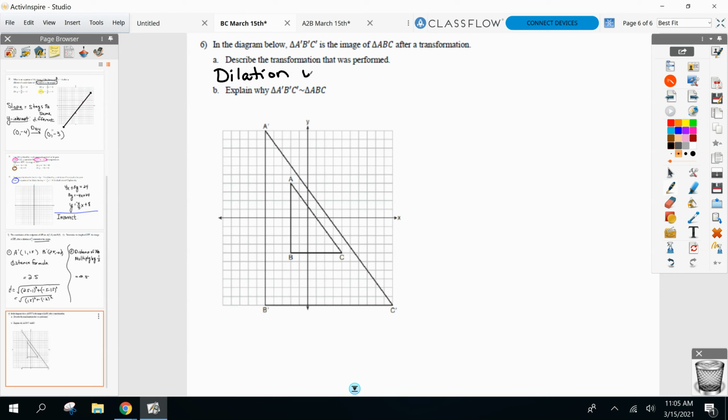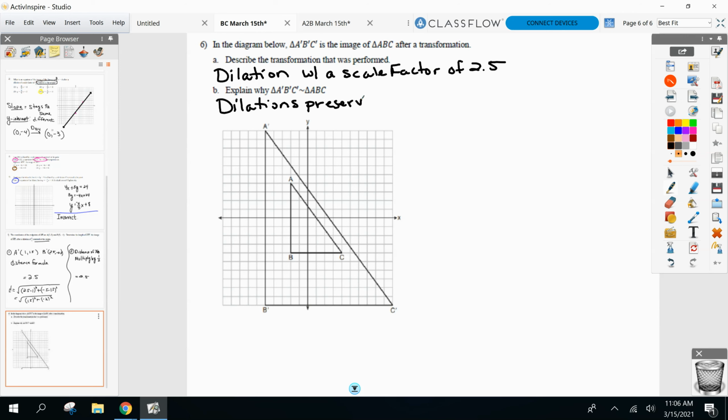So a dilation with a scale factor of 2.5 or 5 halves if you want to write it as a fraction. And now it says explain why the two triangles are similar. We're going to write this just like we did our proofs with rigid motions, except now I'm going to say dilations preserve what?